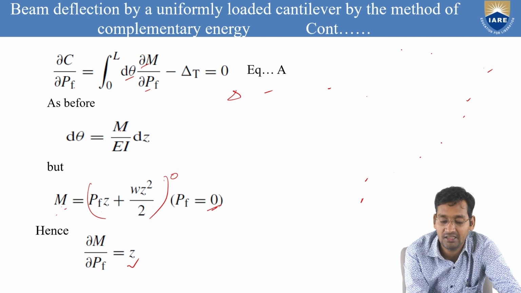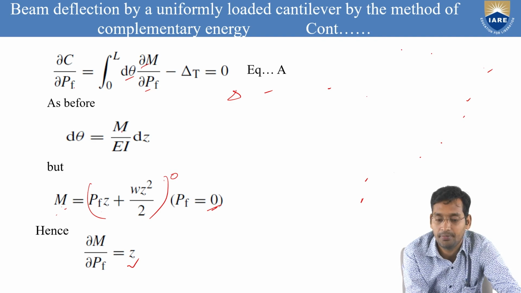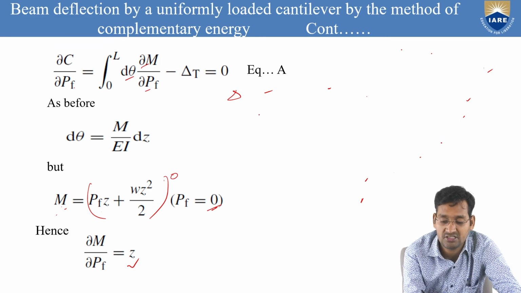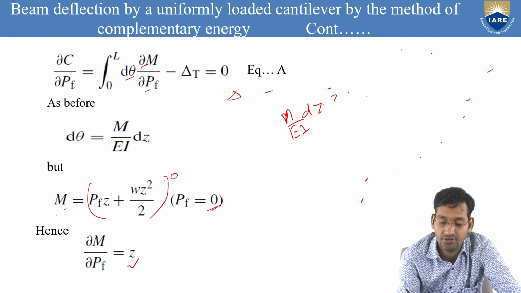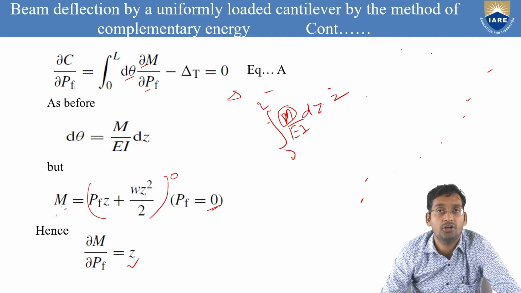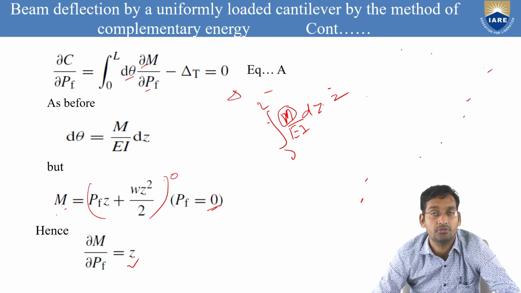Okay, because here this dθ is required, right? So that also I explained what that means. Here first dθ, what we have, M by EI dz into z, right? This is from 0 to L. So this M we have to replace. Don't forget to replace the M and don't take it as constant, right? M is not constant, M depends on the length. So if length will vary, M will vary.